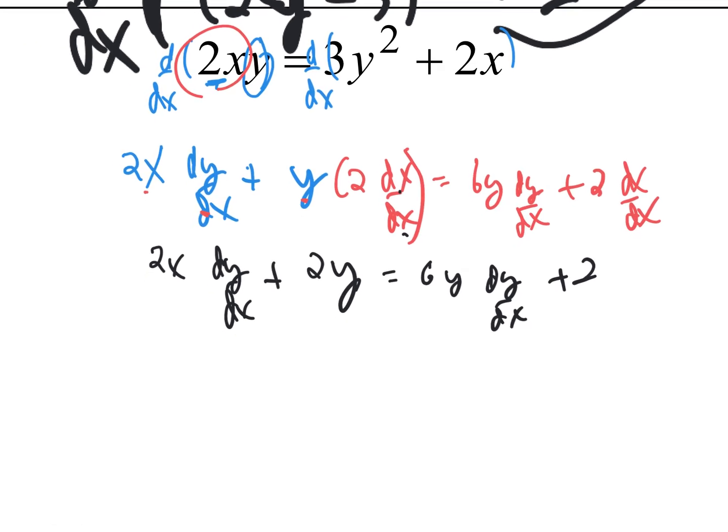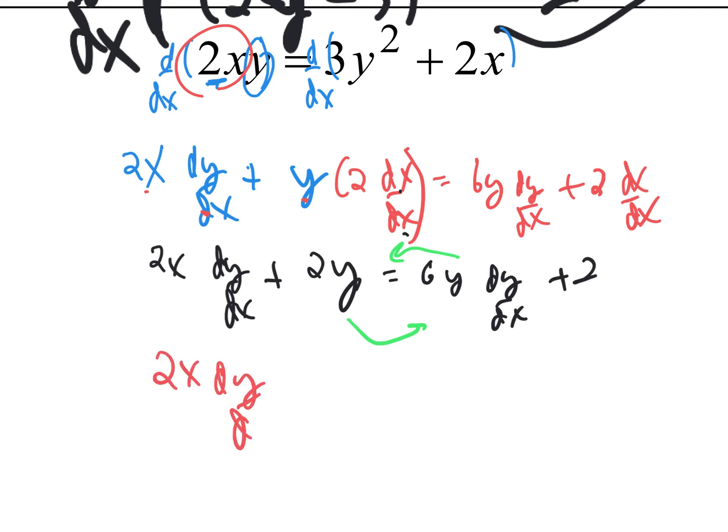Put everything on one side that has a dy dx, move everything over. So basically in English, this is moving this way and this is moving this way. 2x dy dx, that cannot go away, minus 6 dy dx equals 2 minus 2y.